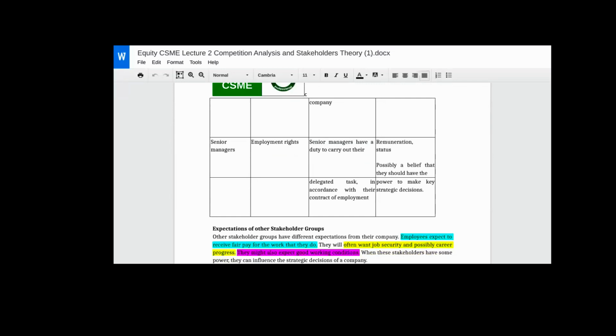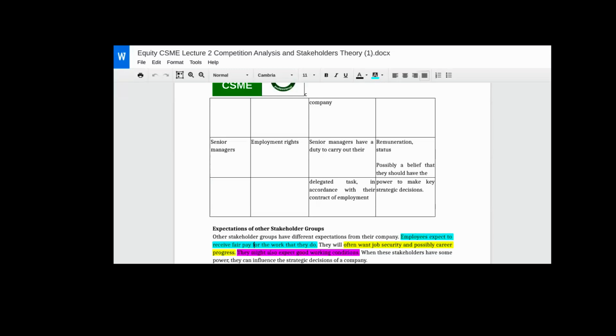And when you look at the expectations of other stakeholder groups, for instance, I put employees expect to receive fair pay for the work that they do. That's what I mentioned as pay security. They want a salary that will commensurate with their effort, and this salary has to be paid as at when due.